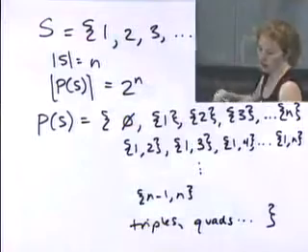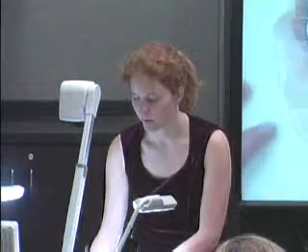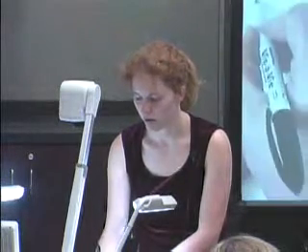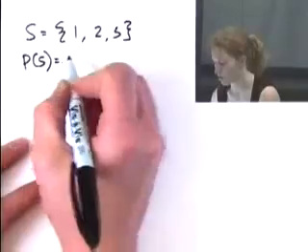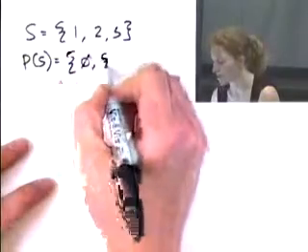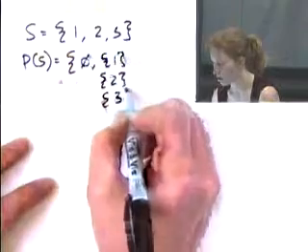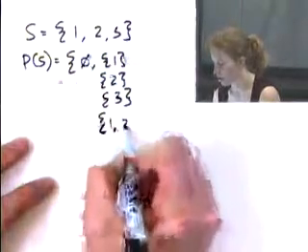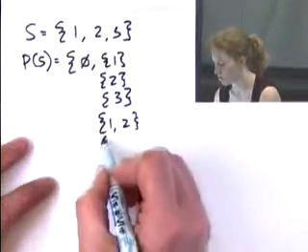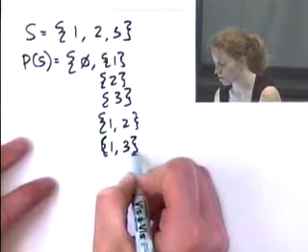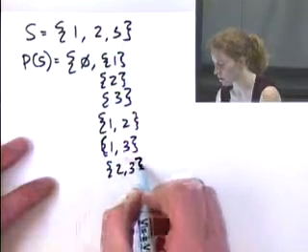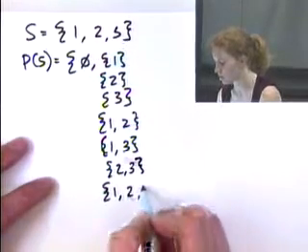So let's just look at the power set of the set containing 1, 2, and 3. The power set for S has the empty set, the set containing 1, 2, and 3, {1,2}, {1,3}, and {2,3}, and {1,2,3}.